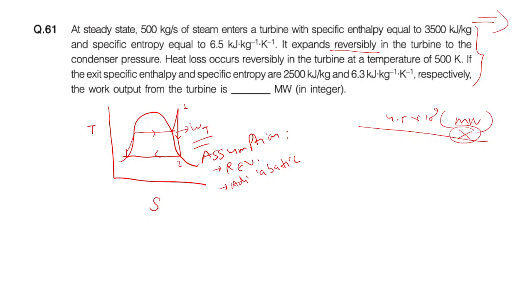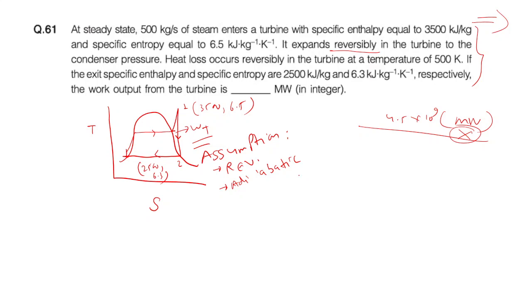From the first position, the enthalpy is 3500 and entropy is 6.5. At the second position, enthalpy is 2500 and entropy is 6.3.